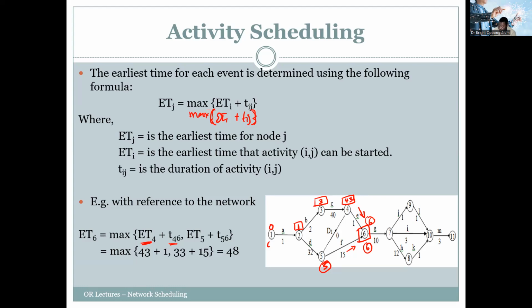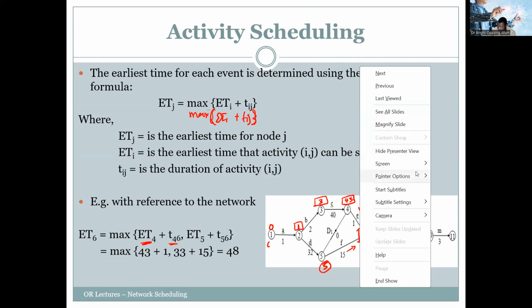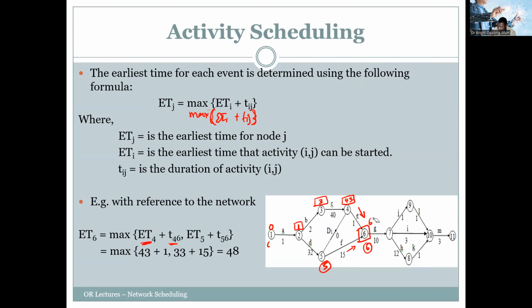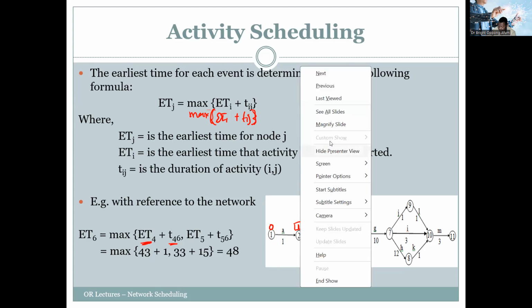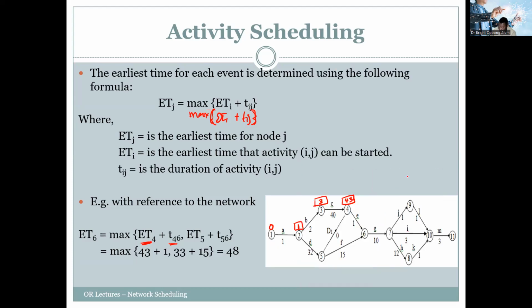Before calculating for node 6, I need to recalculate this leg. From 1, the activity here is 1 plus 32, which is 33. Then even here, 33 plus 0 is 33.